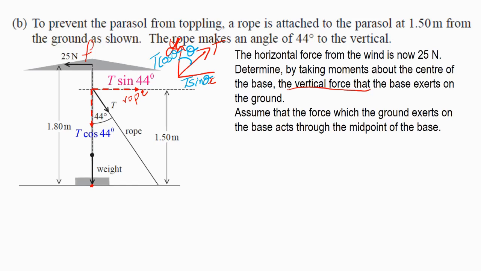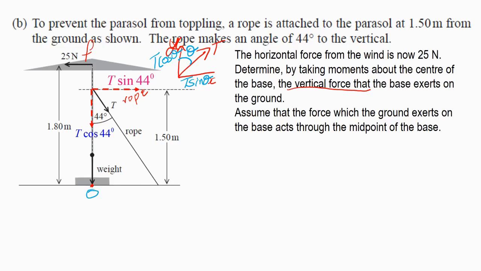There is no resultant force acting and also no resultant moment acting. That means it has no translatory motion as well as no rotational motion. There is no motion at all in this system. So we can take the moment about this center point.